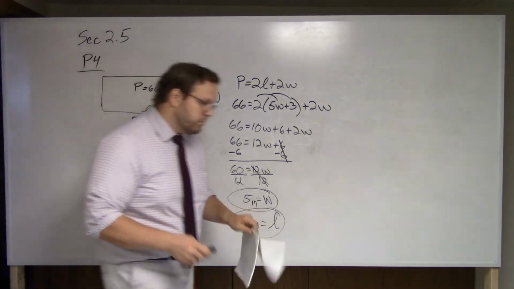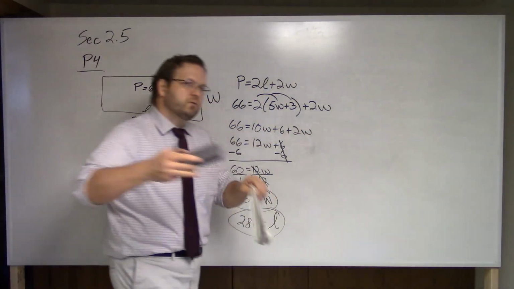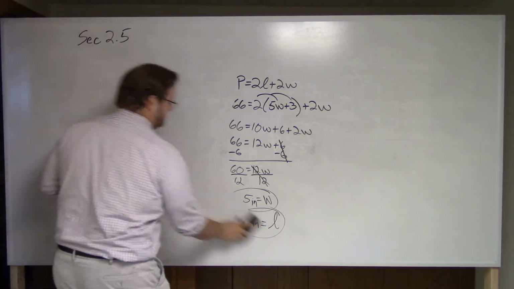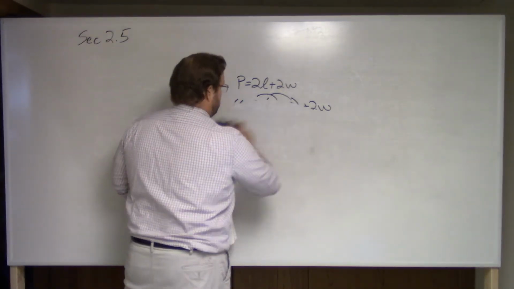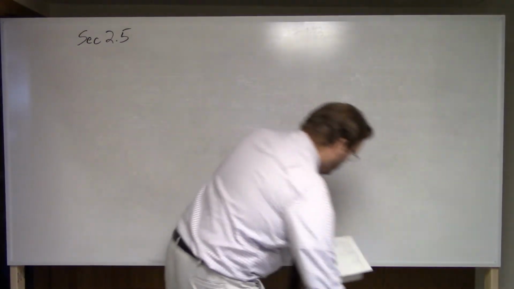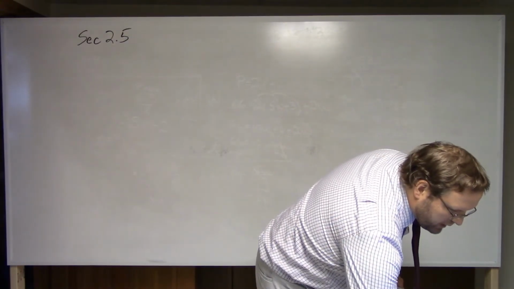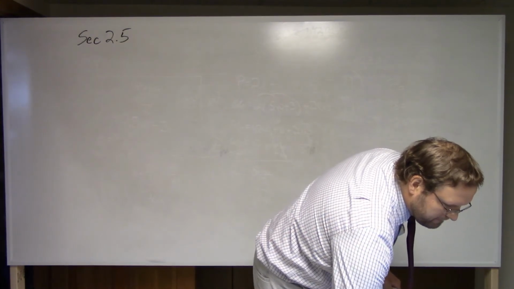Now, let's do one more problem like this, and then we're going to segue into another aspect of this section. Let's go back to practice 3, which is on page 120.